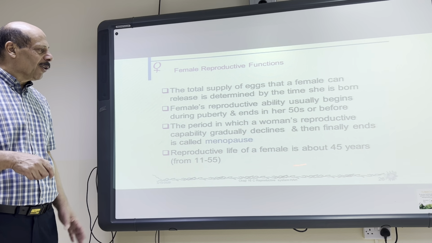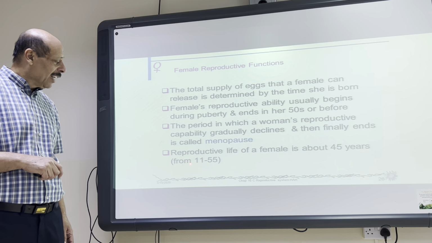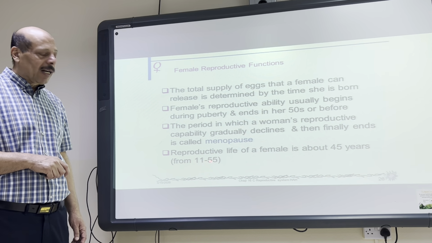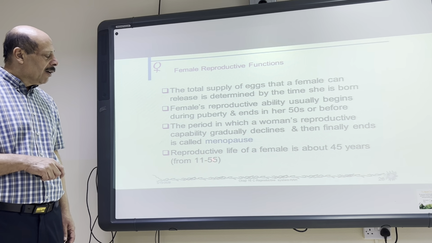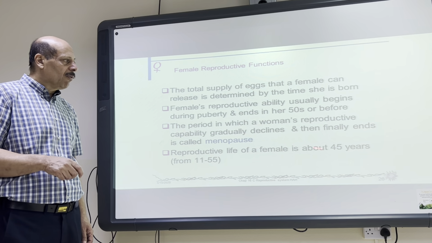So in hot areas, maturation will happen early, as early as 11 years, or sometimes it might be late, until the age of 55 years.